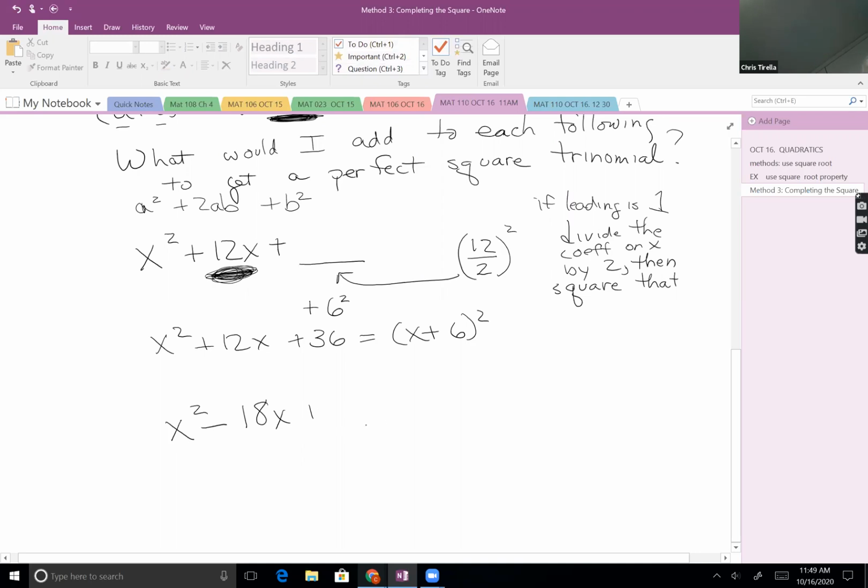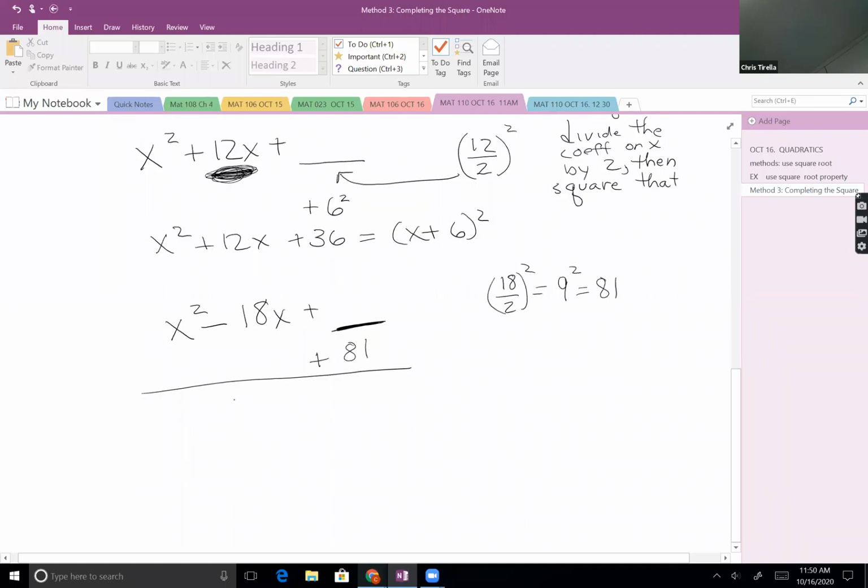What would I put in that space to find that missing term? 18 over 2 squared? So 18 over 2 squared would be 9 squared, which is 81. So if I add 81, that becomes x squared minus 18x plus 81.